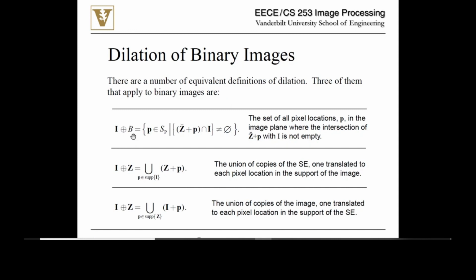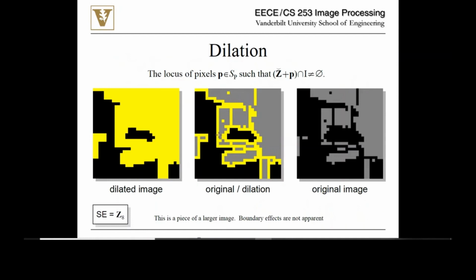I dilated by the structuring element B is the set of all locations t that belong to the support of the image I, such that when you reflect the kernel and place it at the location t and compute the intersection with I, it is different from the empty set. Okay, so let's see.